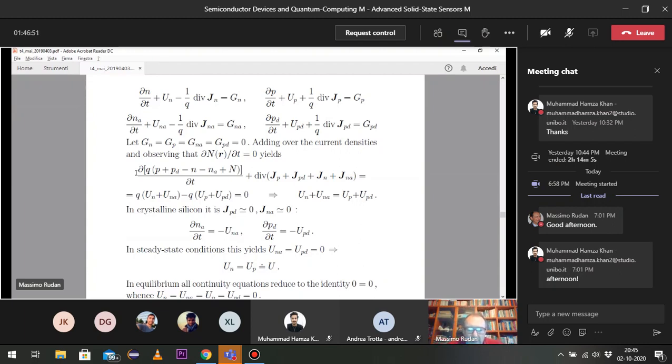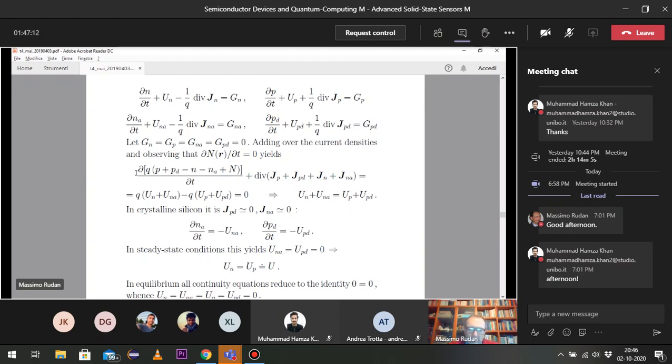That means that the right-hand side must also be 0. So Q (UN plus UNA) minus Q (UP plus UPD) is 0, which means that UN plus UNA is equal to UP plus UPD.